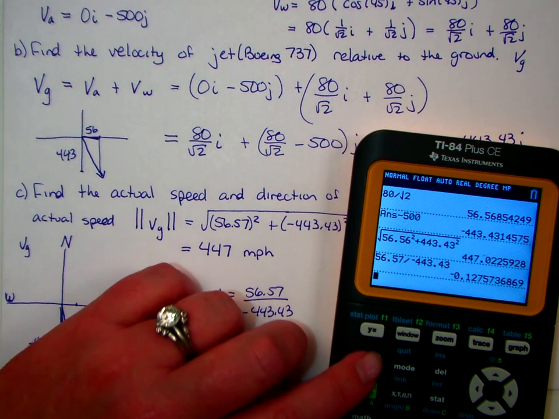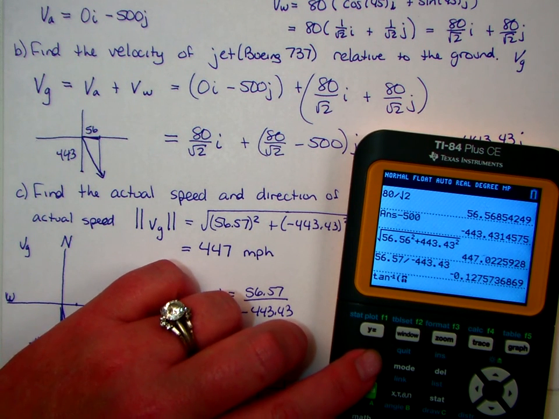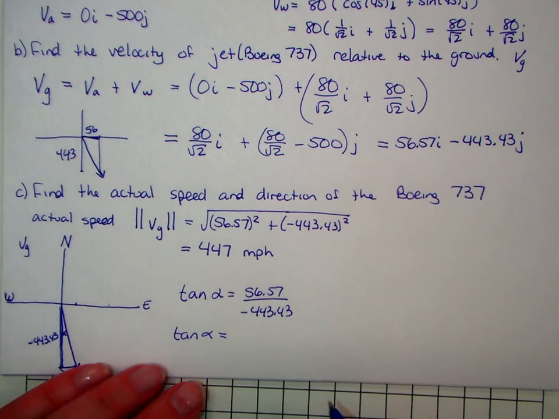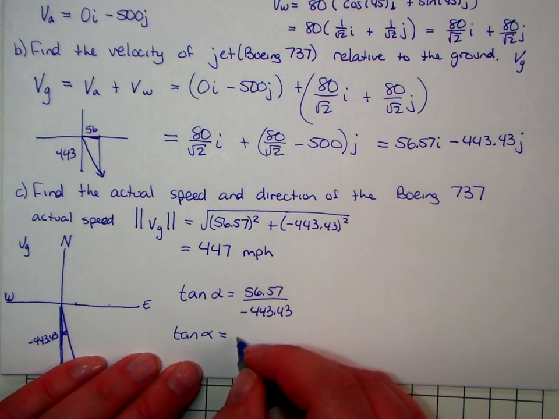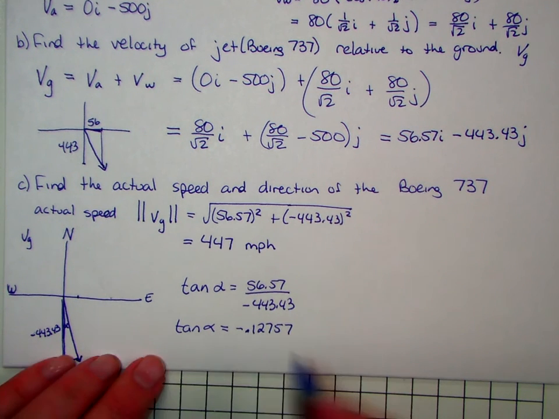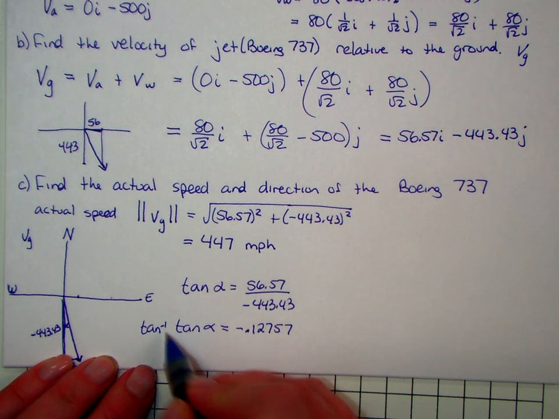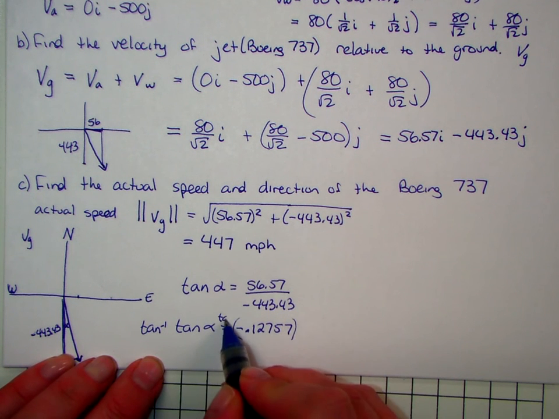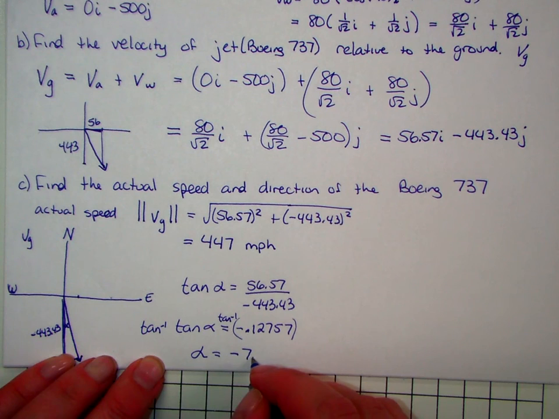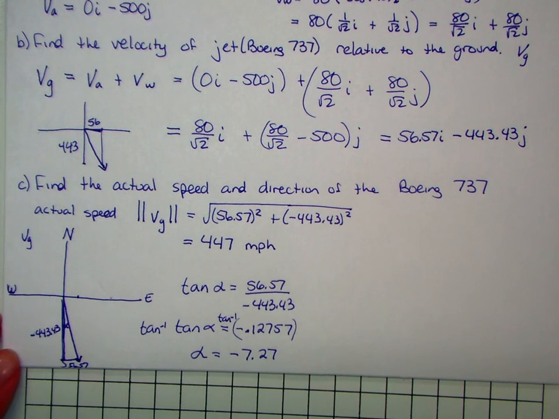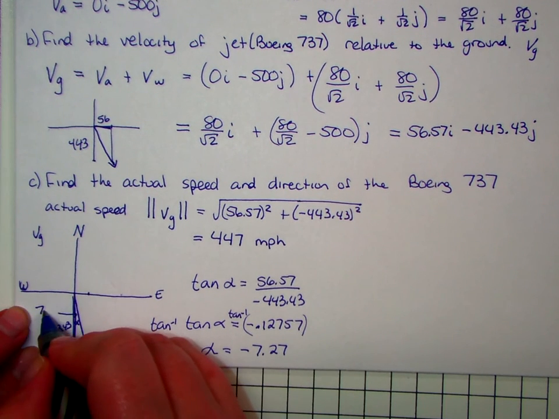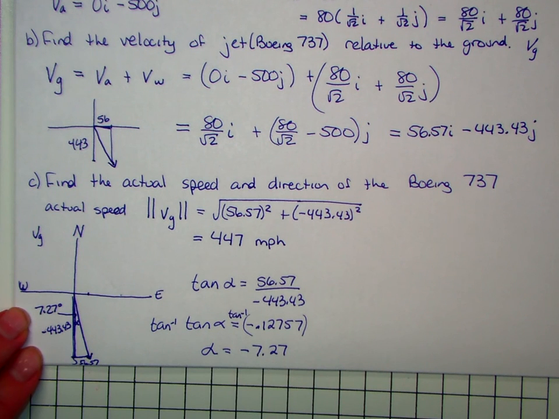So if I tan inverse both sides, I get negative 7.27. All right, so that means this alpha right here, this angle right here, is 7.27 degrees.